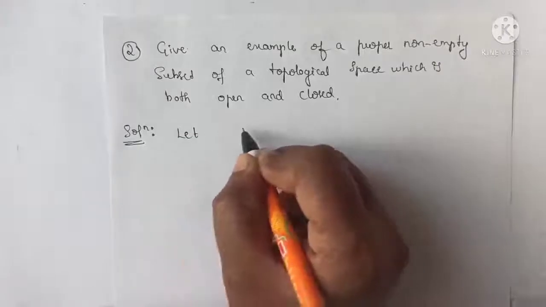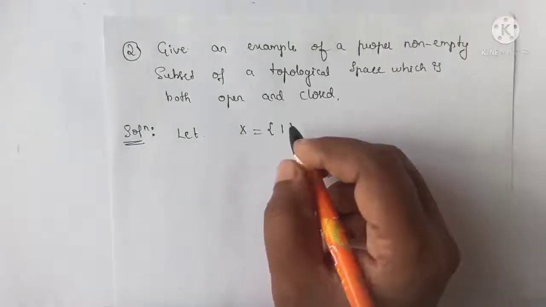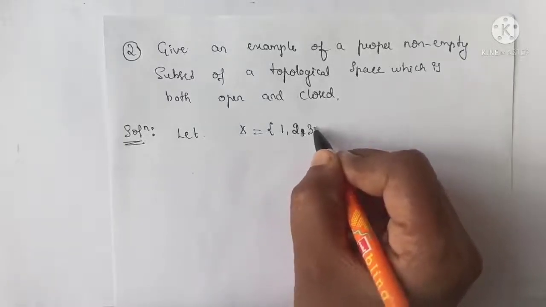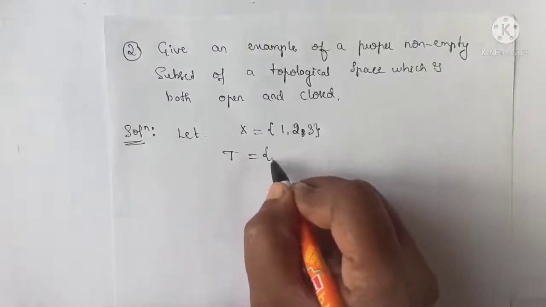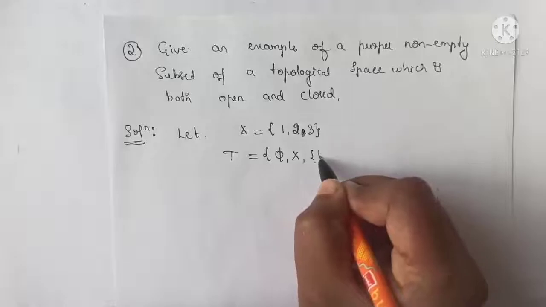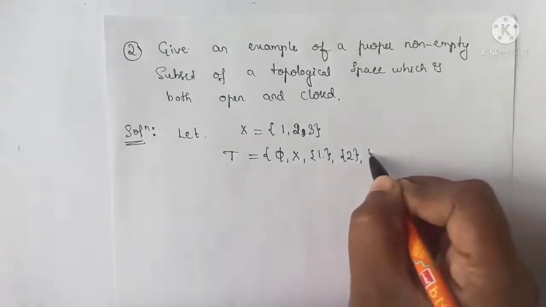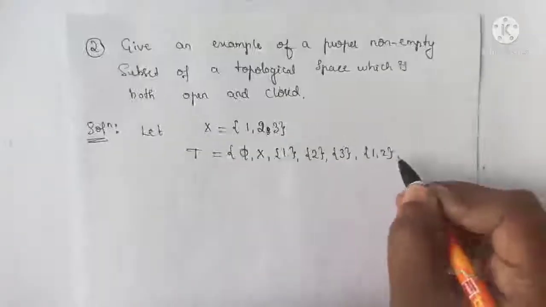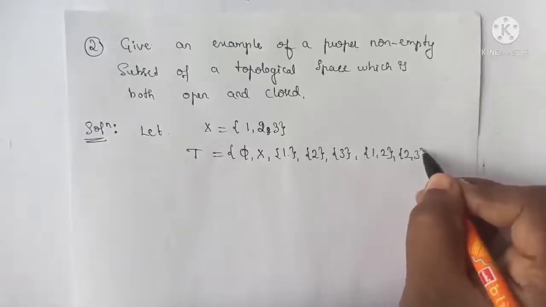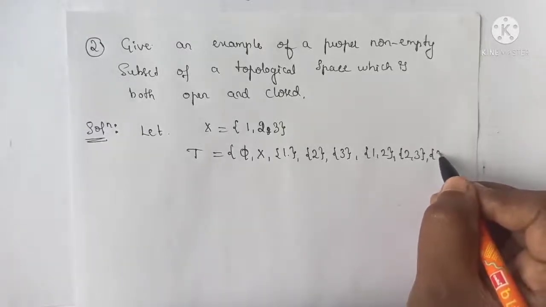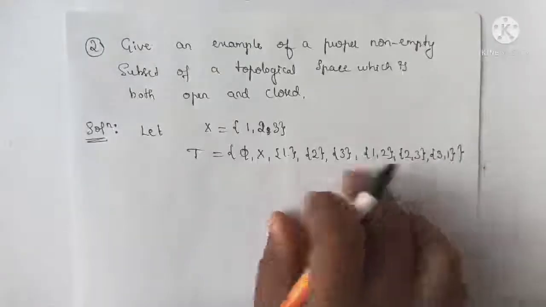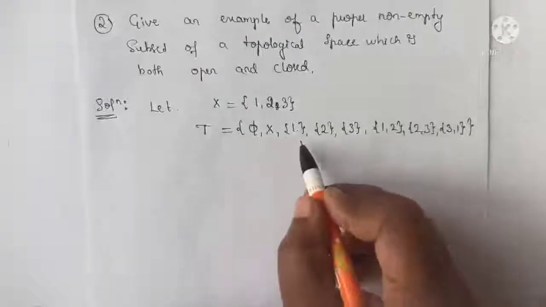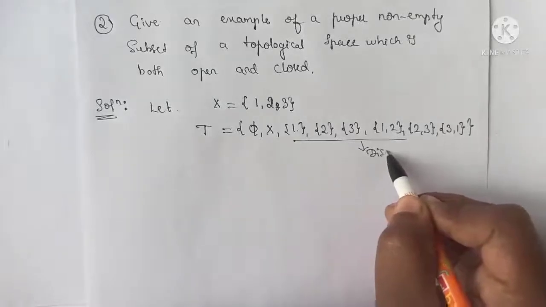Solution: let X is equal to {1, 2, 3} and T is equal to {phi, X, {1}, {2, 3}, ...} be a topology on this X. Then clearly you can observe that this is a discrete topology.